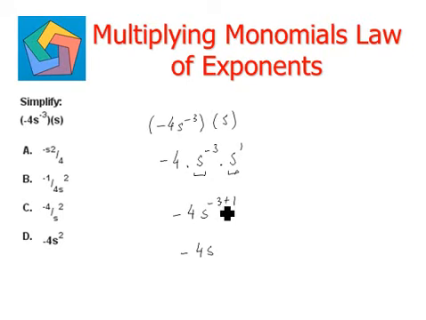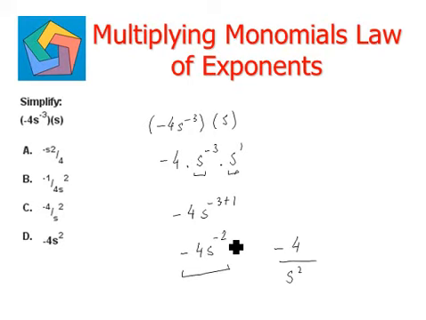One negative number, one positive number. We subtract and keep the sign of the bigger number. So 3 minus 1 is 2. Sign of negative 3 is bigger. So like this. Negative 4 s to the power of minus 2. Now this can also be written as negative 4 divided by s to the power of 2.